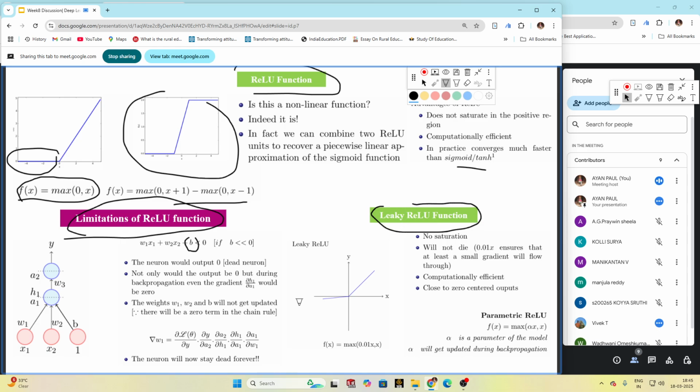Unlike relu, where for negative input we get output 0, here for negative input we get an output not equal to 0, something like 0.01x. By this we are solving the dead neuron problem, and the function also does not saturate in the negative region. This is the benefit of leaky relu over relu.